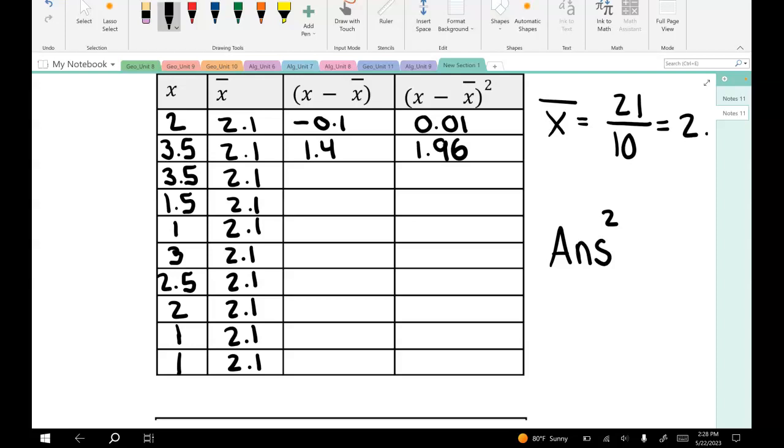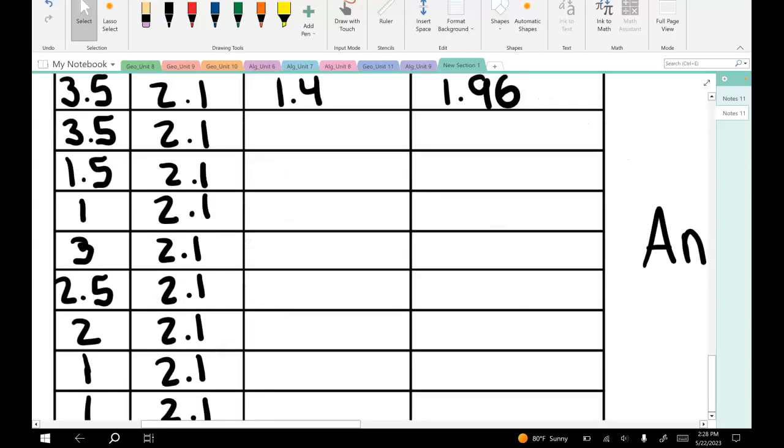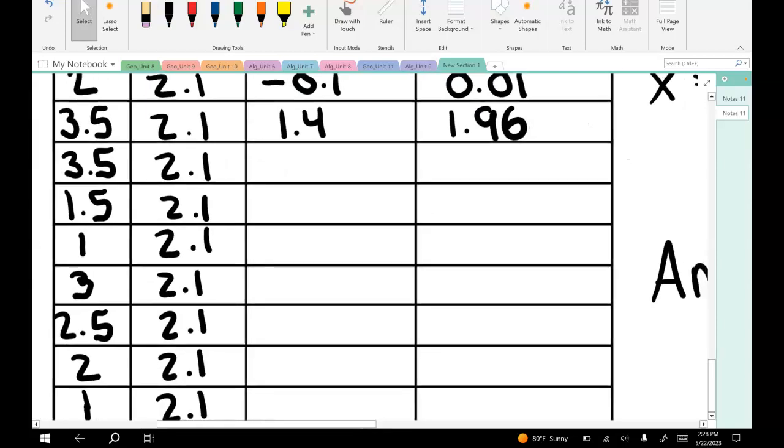Our third row is the same as the row above it, so we can just copy down again. This is going to be 1.4. And again, this will be 1.96.